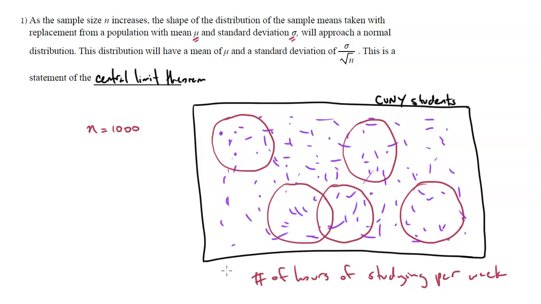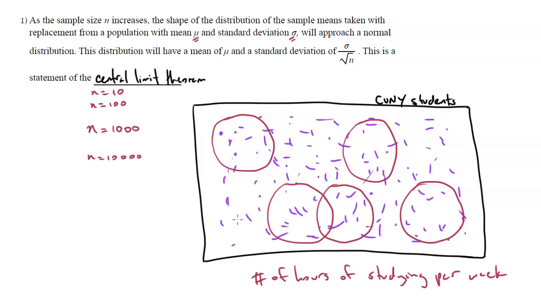Let's say I started at n equals 10. Each sample is 10 students. And then I went to 100, and 1,000, then 10,000, etc. I could have used smaller increments, but whatever. As n gets larger and larger, the distribution of the means of each of these samples will approach a normal distribution.